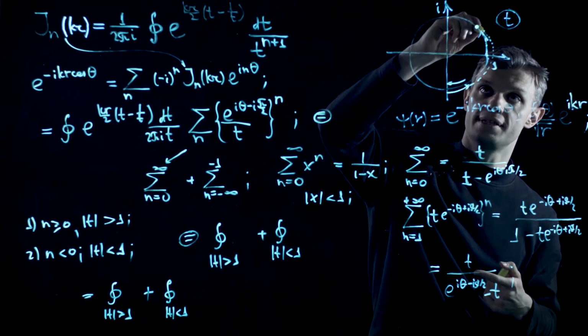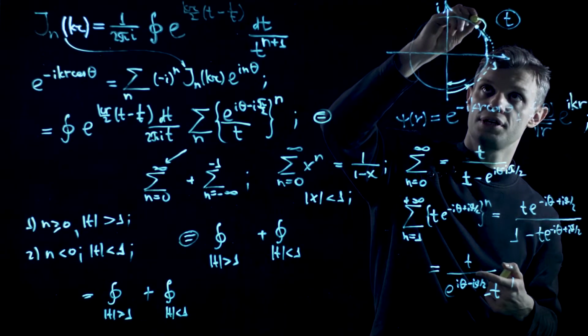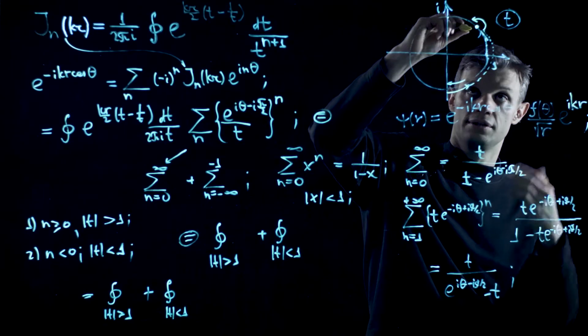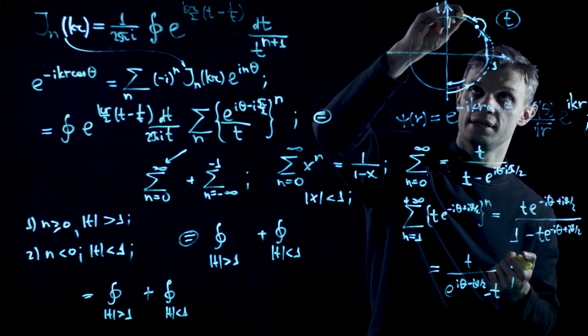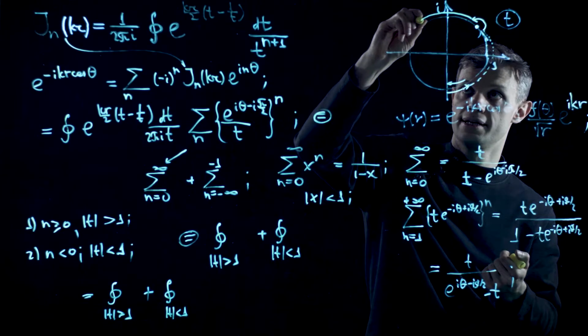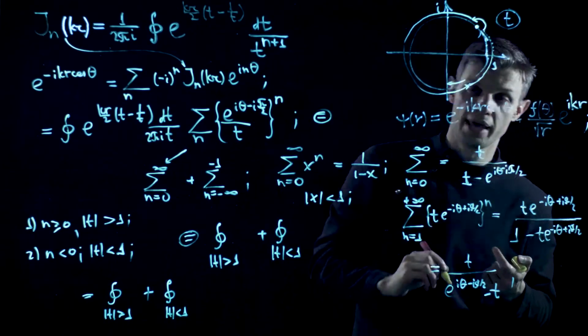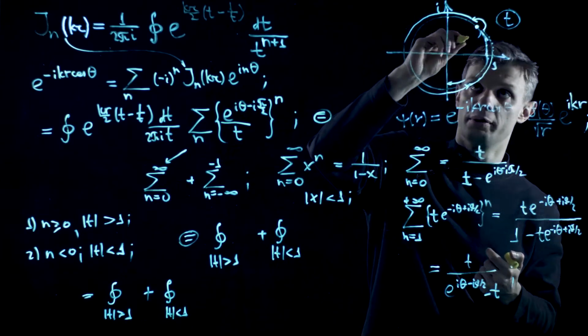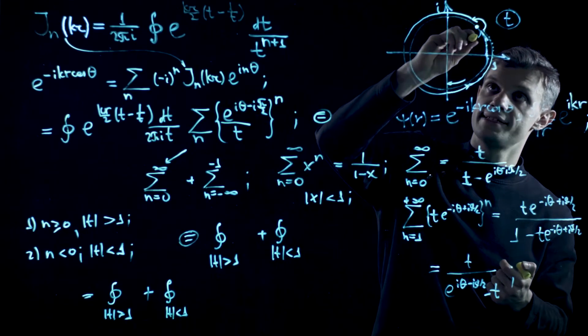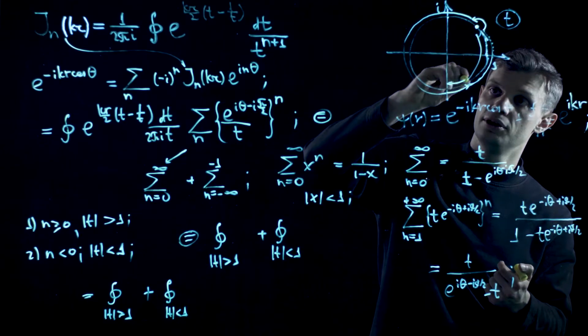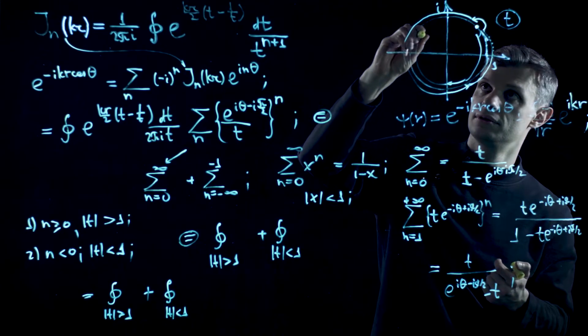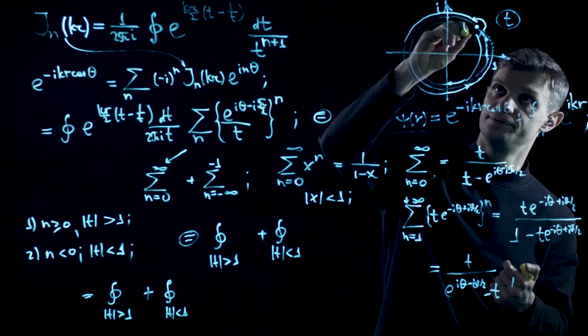To accentuate this, I draw here a small semicircle, so you can see that it indeed goes slightly above this pole. The second contour, however, passes slightly below this pole.